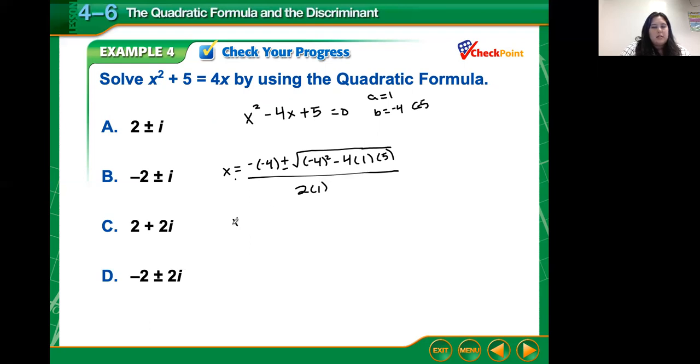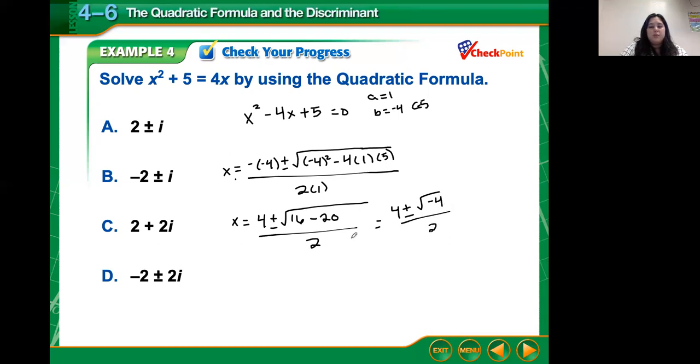So we're going to go ahead and simplify this. We get +4 because 2 negatives make a positive. -4 squared is 16. -4 times 1 times 5 is -20. All over 2. So this will simplify to 4 plus or minus the square root of -4 all over 2.